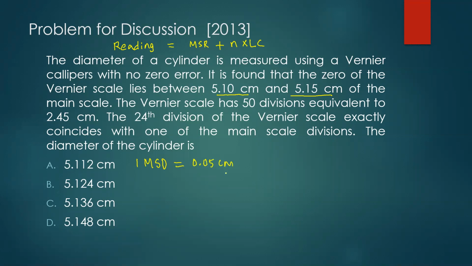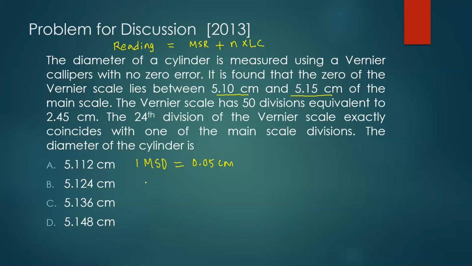Now we need to get one vernier scale division to get the least count. What they have given here is that the vernier scale has 50 divisions. The length of those 50 divisions is equivalent to 2.45 centimeters.